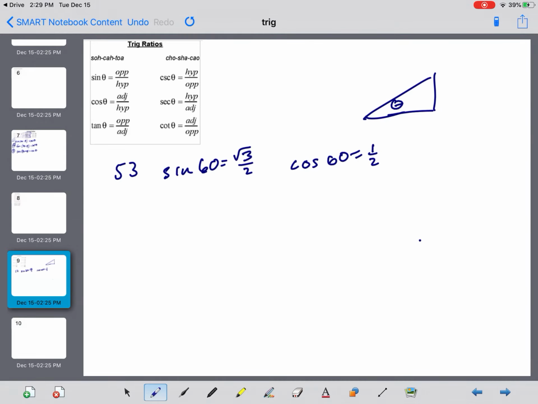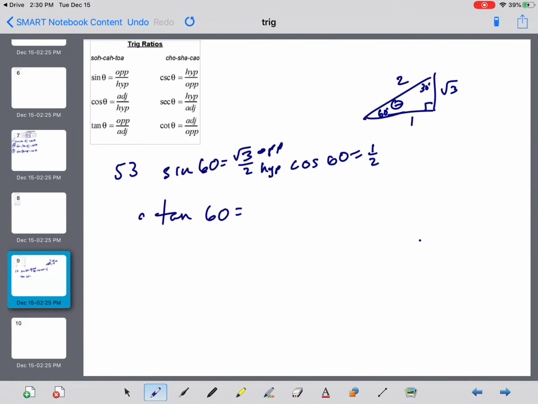So you could draw a right triangle off of that. Here's theta. Sine is opposite over hypotenuse, so this side is square root of 3 and that side's 2. Cosine's adjacent over hypotenuse, so that side's 1. So this is your 60 right there, and that's going to be a 30-degree angle, and that's going to be a 90.